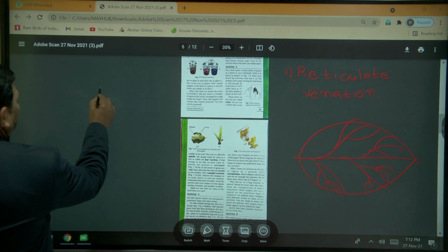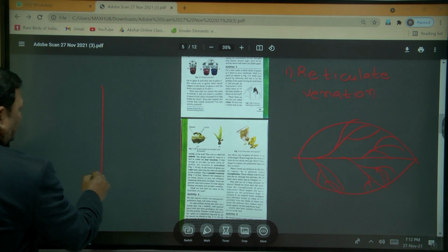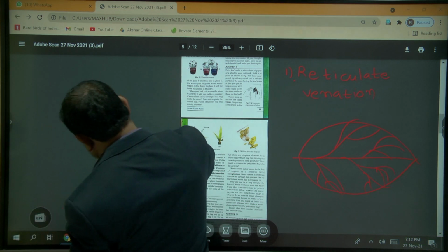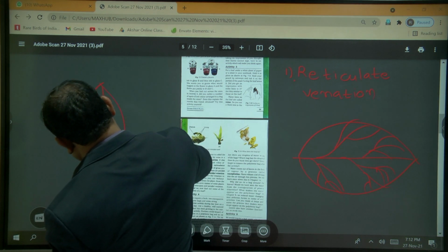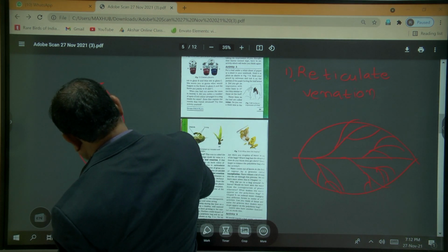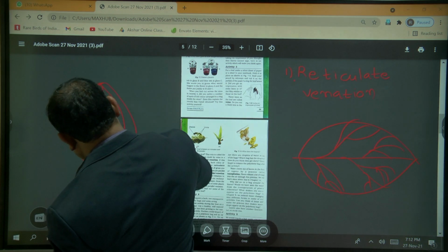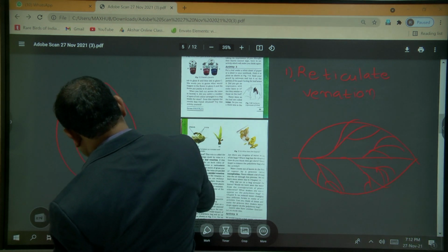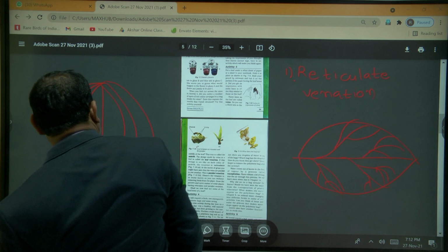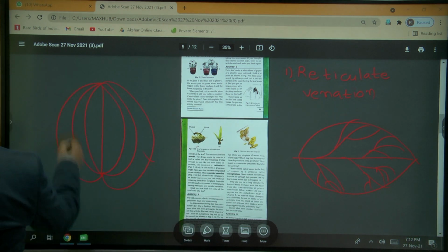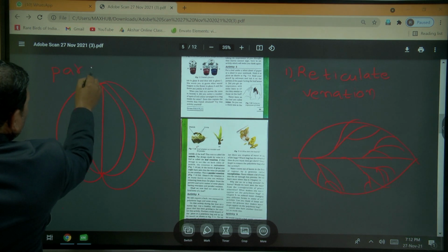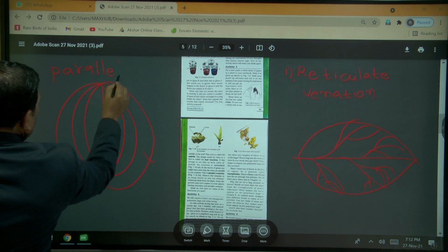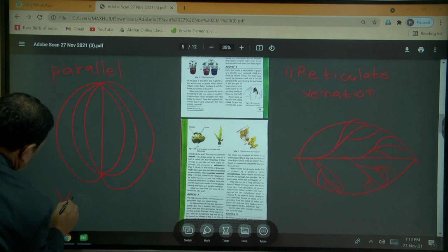If you see the leaf, sometimes all the veins are parallel, so this type of venation is called parallel venation.